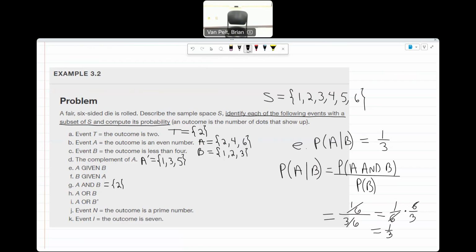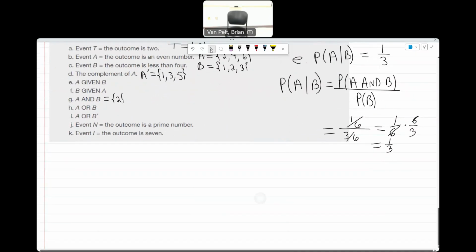Anybody try it? Pretty good. Yeah. Is it 1/3? I'll put F over here.